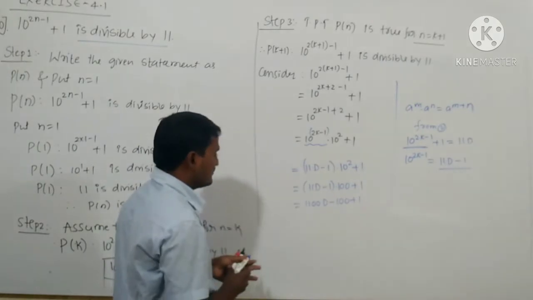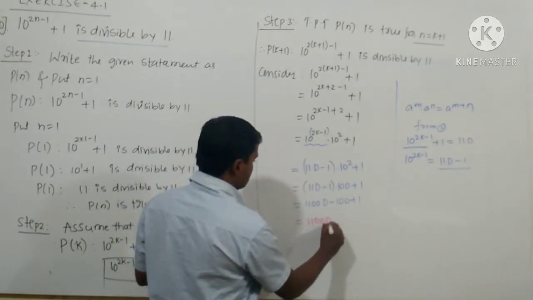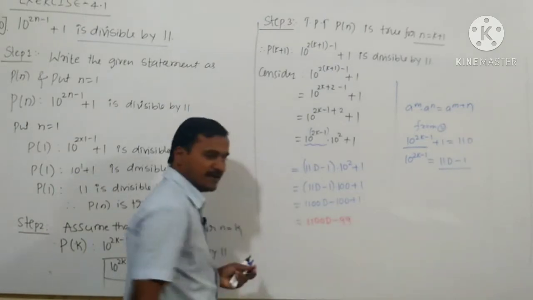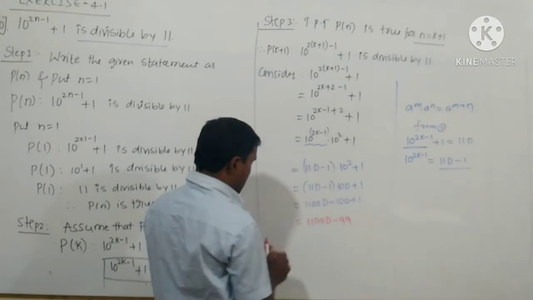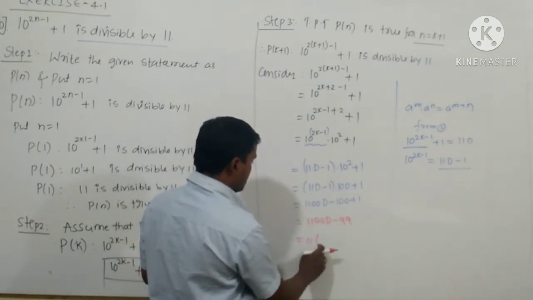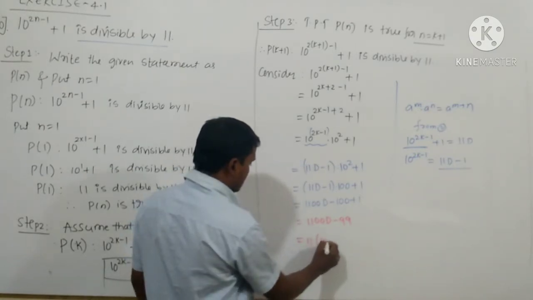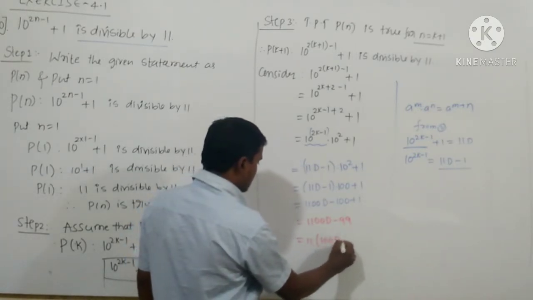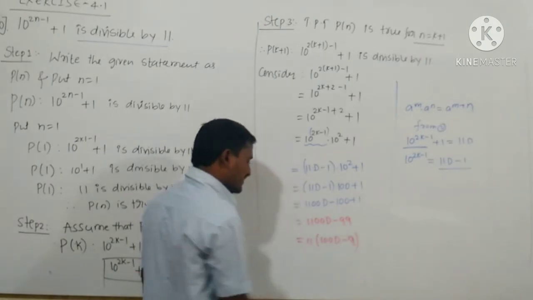Okay, so again simplification, so clearly 1100d minus 99. In these two terms take 11 outside, so 11 into, what is the remaining here? If you take 11 outside, here you are getting 100d minus 9.